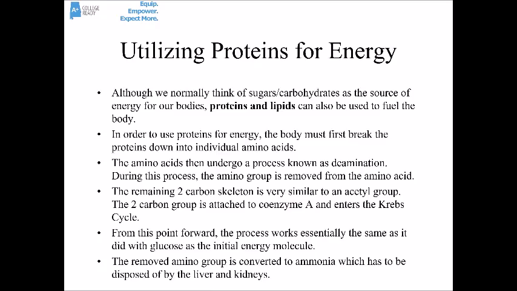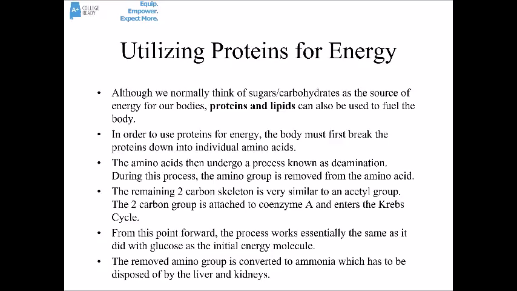Now, even though we usually think about glucose as the original source of energy for the body, proteins and lipids can also be used as those initial energy sources. In order to use proteins for energy, the body must first break the proteins down into individual amino acids. The amino acids then undergo a process called deamination.